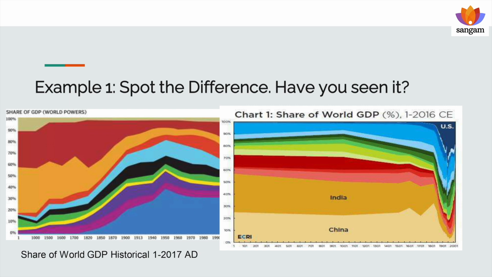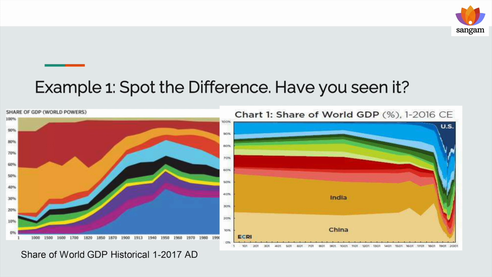Now here I have two graphs. These two graphs are basically showing the same thing: share of GDP among the world powers. If you Google, this is research done by a European economist, his name is Angus Maddison.